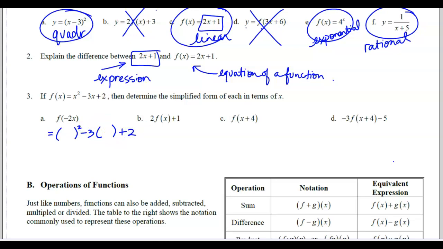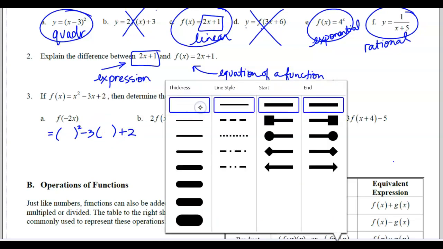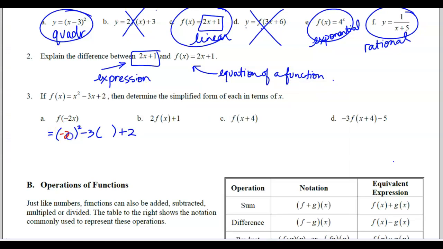So I'm going to use some color here so you can see what I'm substituting. But everywhere there was an x in the original, I'm putting negative 2 in, and then simplifying that. Following the order of operations, you have to do exponents, then multiplication, adding, and subtracting.